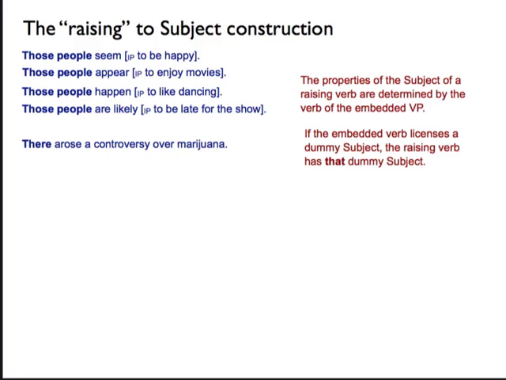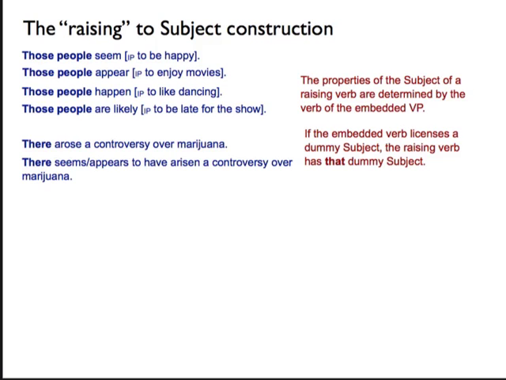So here's a case that's an interesting case, and I haven't gone into this. It's one of the key constructions of English that has played a big role in the way that theories of grammar have been articulated. But we have there arose a controversy. There seems to have arisen a controversy over marijuana is fine, right?